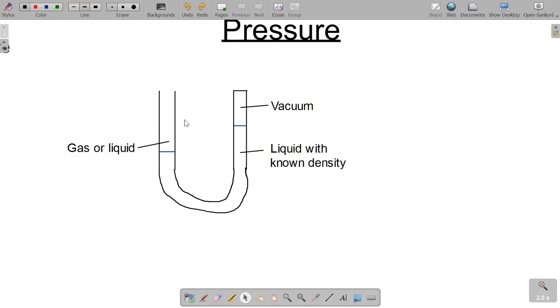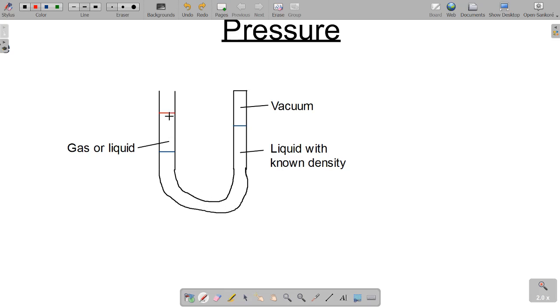So let's assume that there's a certain liquid. First you find the pressure that the liquid is exerting. Just assume that this blue fluid is water.